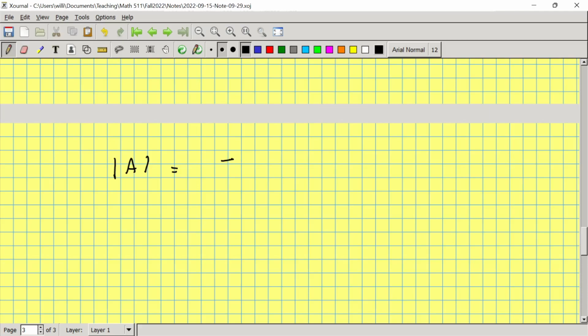So you pick one, we're going to call it L, and you sum from k equals 1 to n of a_Lk times the determinant of its minor, in other words, its cofactor. If we pick a column instead of a row, it'll be similar.